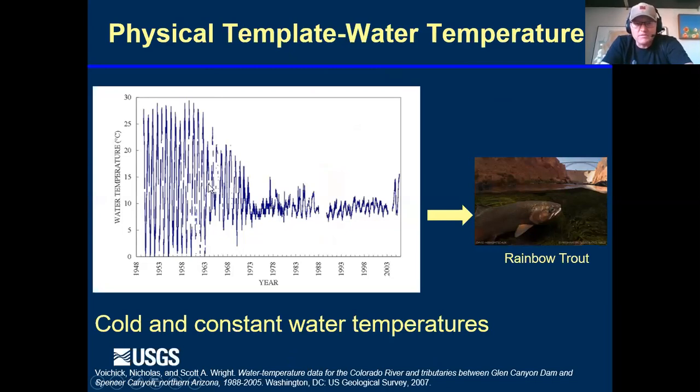It took a while for the reservoir to fill, but as of the mid-70s, we entered this regime of mostly cool and constant water. We've had some warmer temperatures lately as the reservoir has gotten lower, but in general, we have a much cooler river. And because of that, we have things like introduced rainbow trout that are thriving in certain places.